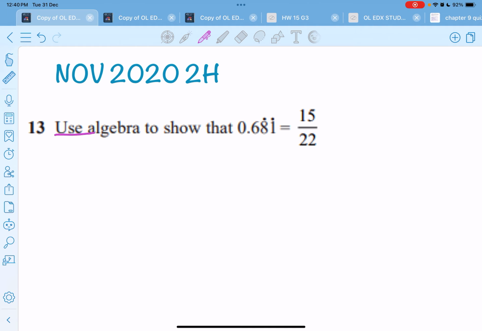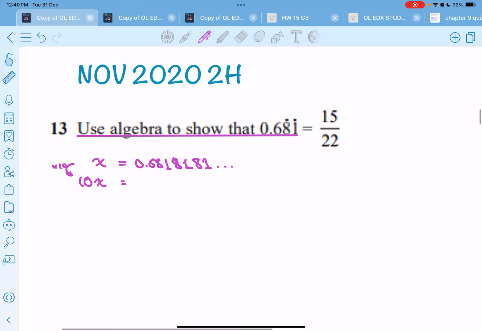So I need to use algebra to show that this equals that. 0.6818181 with dots equals x. What about 10x? You multiply by 10, and I move the decimal from this point to this point, so it's 6.818181 and so on.